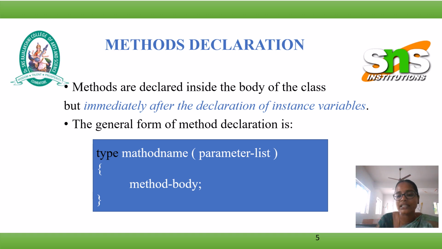Type means we have to specify the data type. After the data type, we specify the name of the method. Within the open and close parentheses, we specify the parameters we are passing. In the previous example, I created a rectangle class with fields length and width, so those two parameters can be passed for this method.